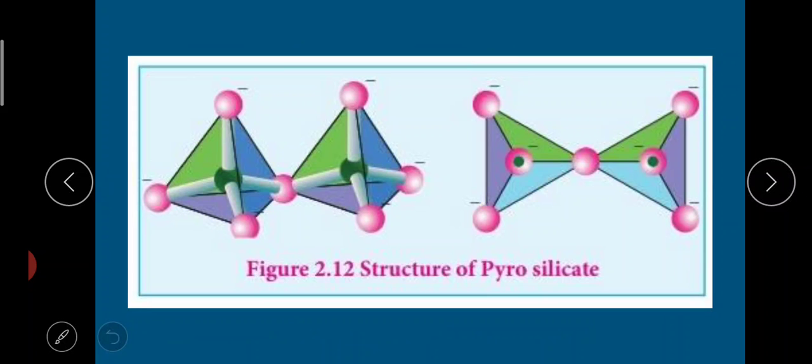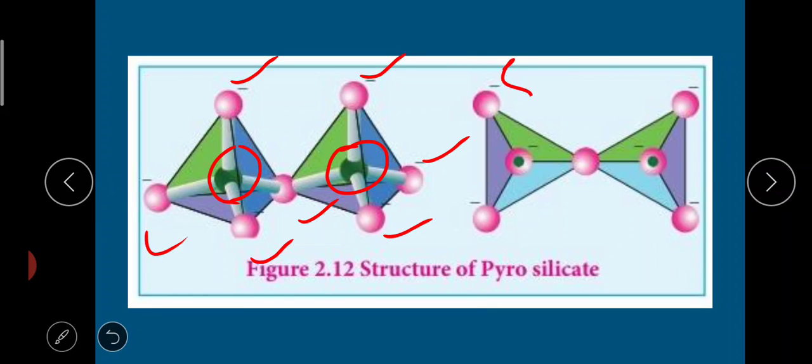What is the formula? Si2O7 6 minus. If you can see here, this is one silicon and this is the other silicon, so Si2. Count the number of oxygen: 1, 2, 3, 4, 5, 6, 7. So Si2O7. How many negative charges?